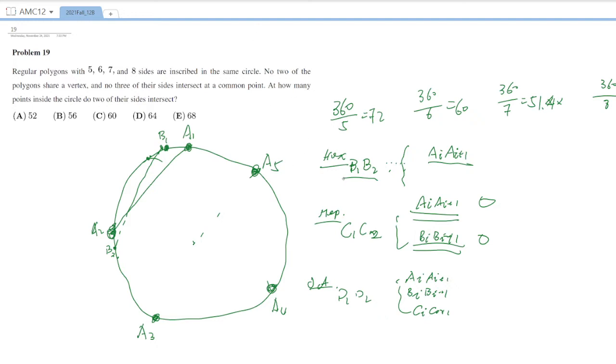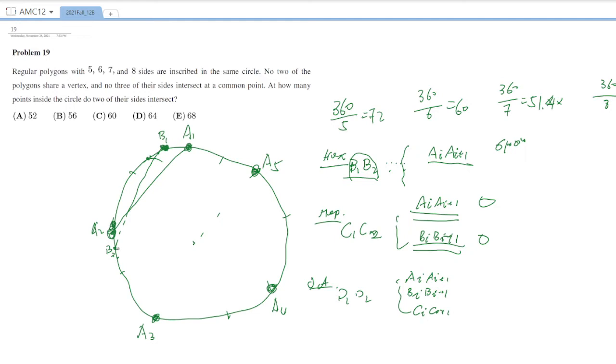So let's see, B1, B2, the hexagon. We have 6 points, but how many segments do we have? 1 segment, 2, 3, 4, 5. So we want to put 6 points into the 5 segments.